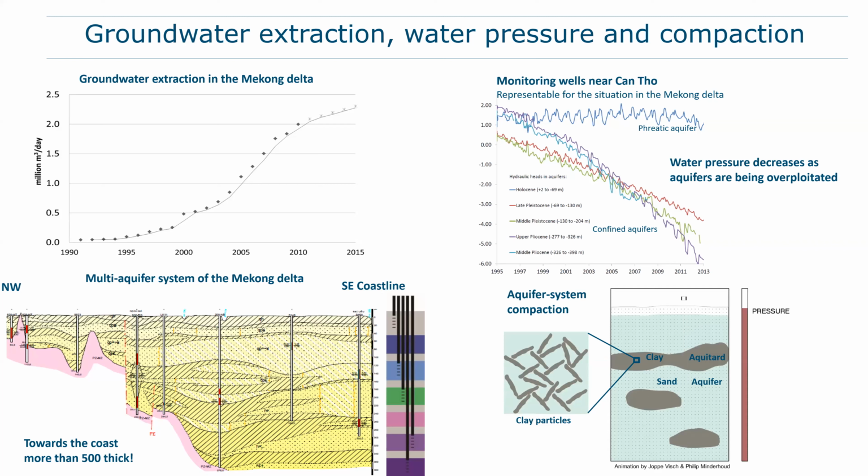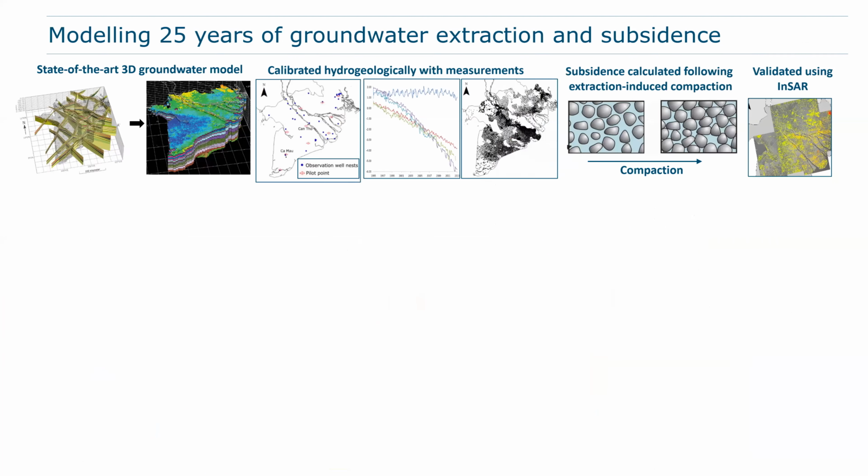So we created a model that could simulate this process for the entire delta. I'm not going into the details of this model, but there's a lot of work from geological to hydrogeological and geomechanical work in here. And we could simulate for the different aquifers in the delta at different depths what the amount of decreasing pressure is over time, so since 1990 until now.